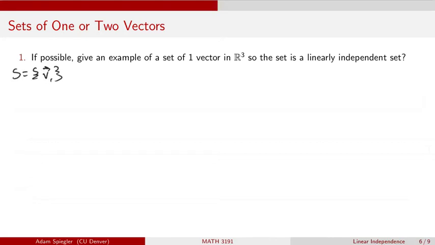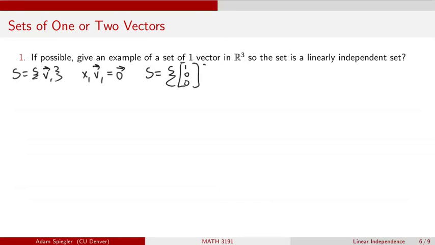So what it means to be linearly independent, we have this set S, which in this case is only containing one vector. And what we want to know is, does the corresponding vector equation x1 times v1 equals the 0 vector? If that only has a trivial solution, then the set is going to be linearly independent. So pretty much for any vector that I choose, this is going to be the case. So let me just pick the vector 1, 0, 0.